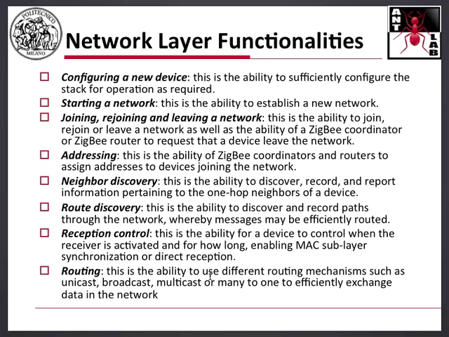We must have functionalities for joining, for managing the dynamics of the network, meaning that we must have procedures such that a new node can actually be part of the network. We must have procedures such that a node which is willing to leave the network can do that. And we must have a procedure to handle the rejoining.